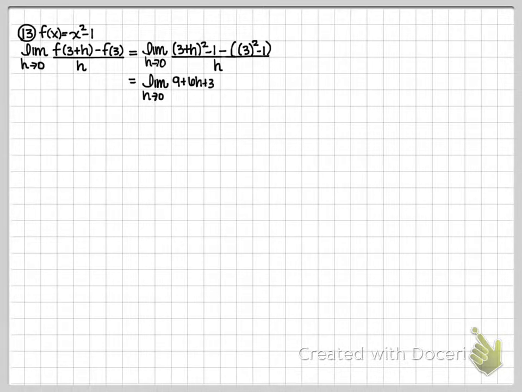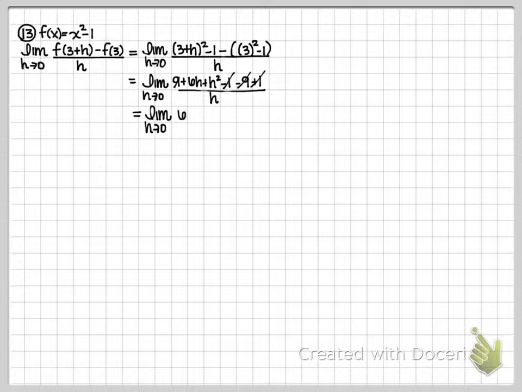Nope, that is not a 3. Let's back up. Again, just doing the math. Remember, whenever you're doing something that looks like this, everything without the h's should go away. So the 9's are gone, the 1's are gone. Okay, this is good.